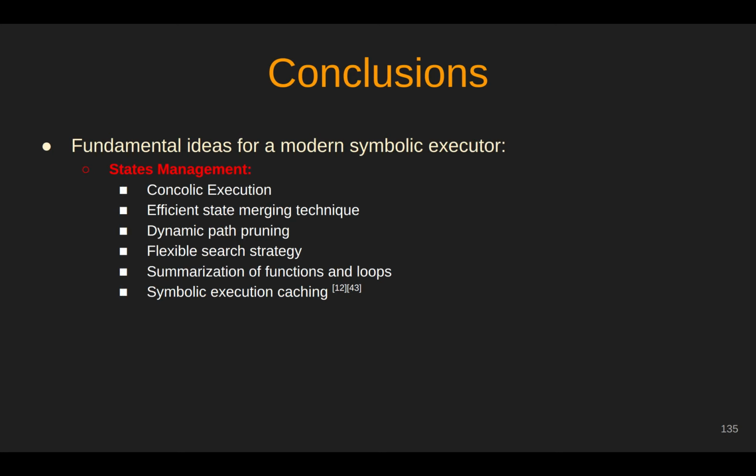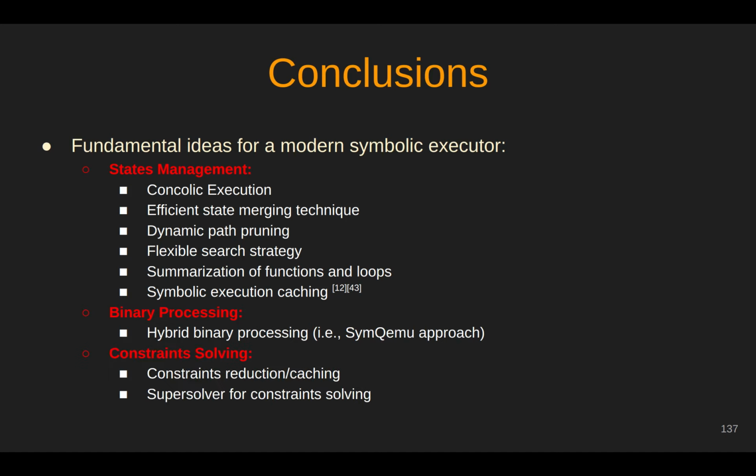What we've explored are the fundamental ideas in modern symbolic execution. State management: you have concolic execution, efficient state merging, path pruning, flexible search strategies, function summarization, caching of constraints. I didn't mention this maybe, but anyway, binary processing.